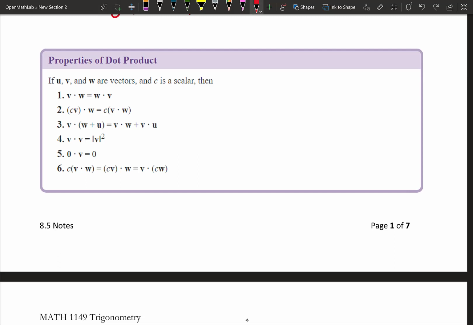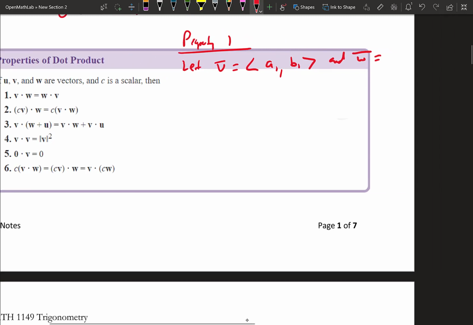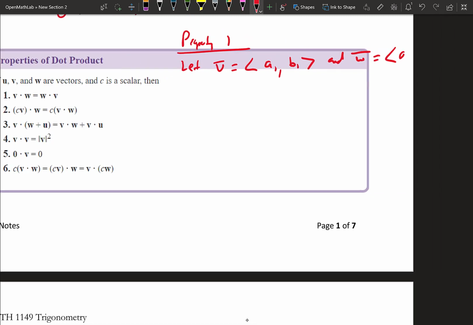And I can show the first one for you. So property 1, like a mini proof of that. So if we let vector v equal the vector a1 comma b1 and vector w be a2 comma b2, right?